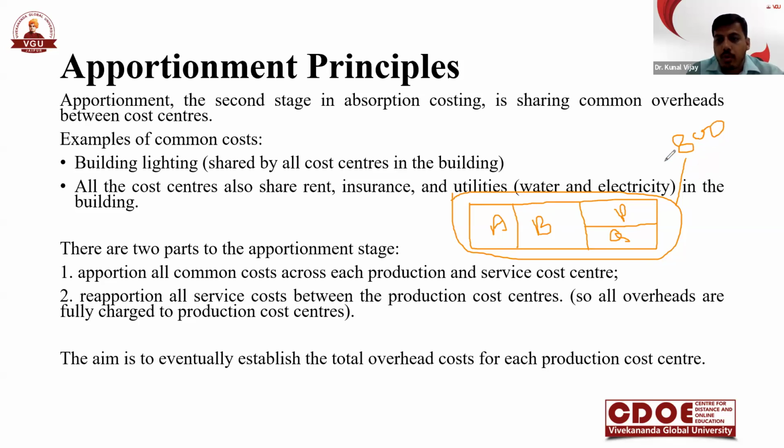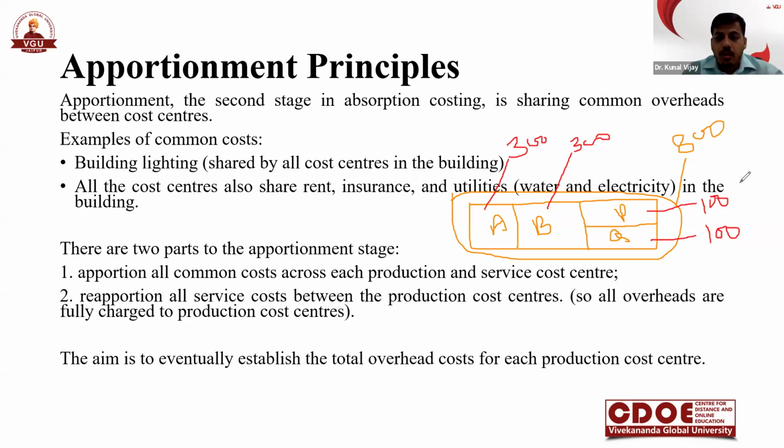Suppose rent is according to area, you will allocate 800 between A, B, P and Q. You will allocate to A an amount of 300 according to your area. For B, your amount is also 300. Then for P, your amount is 100. Then for Q, you will also say your amount is 100.